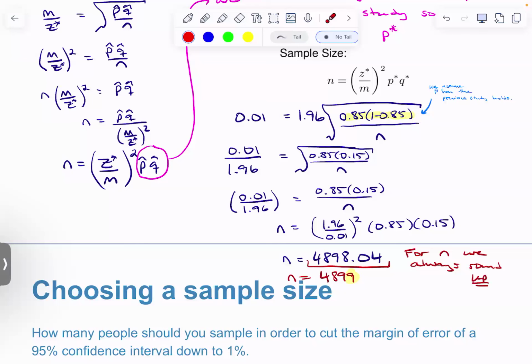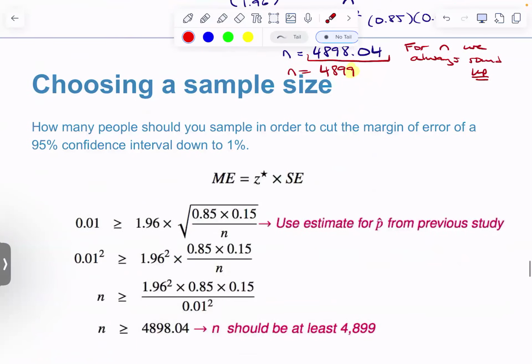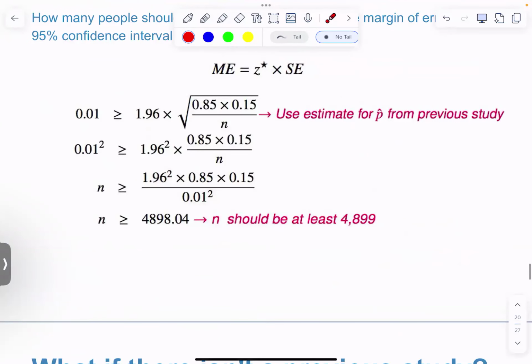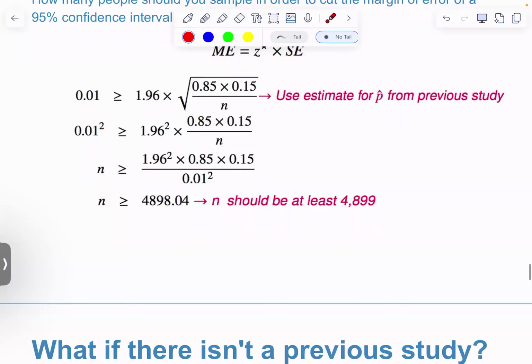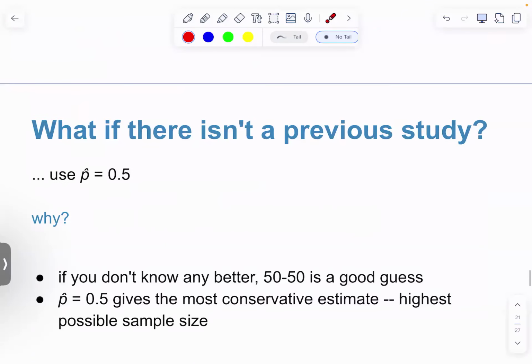Any questions about that before I zip through exactly what we just did? So n should be at least 4,899 in order to get that margin of error.